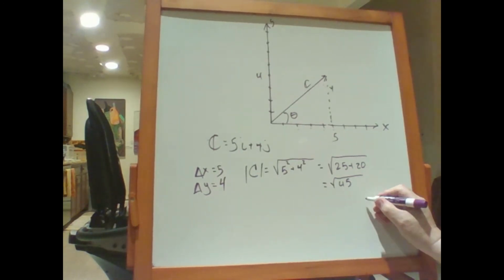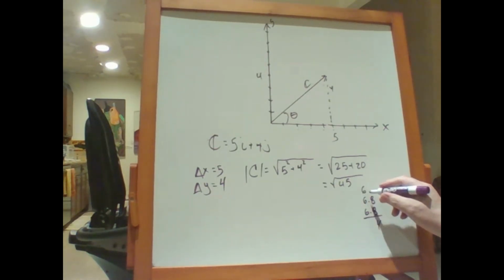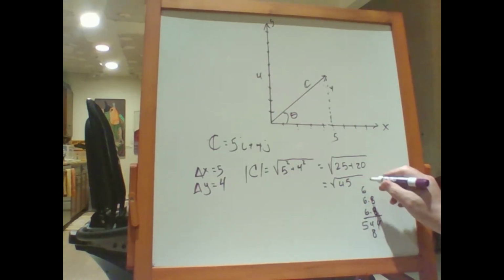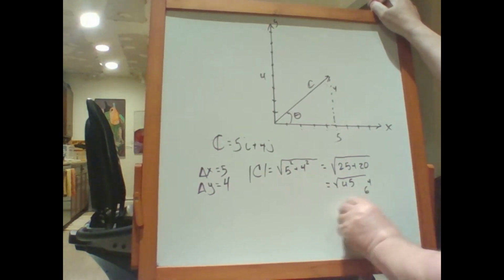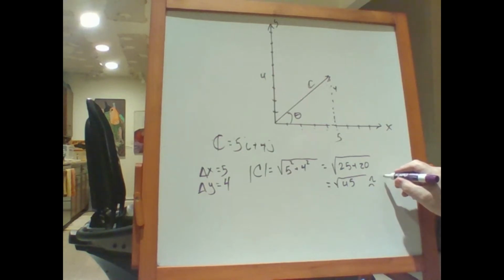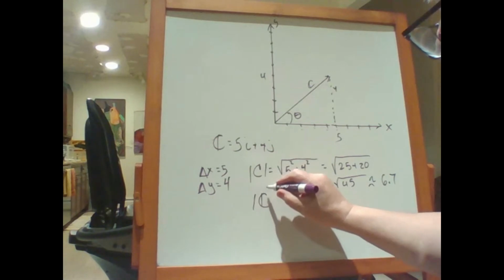Let's see, 6.8 squared gives us 46.24, so it's smaller. It's 6.7, approximately 6.7. 6.7 is the magnitude of C.